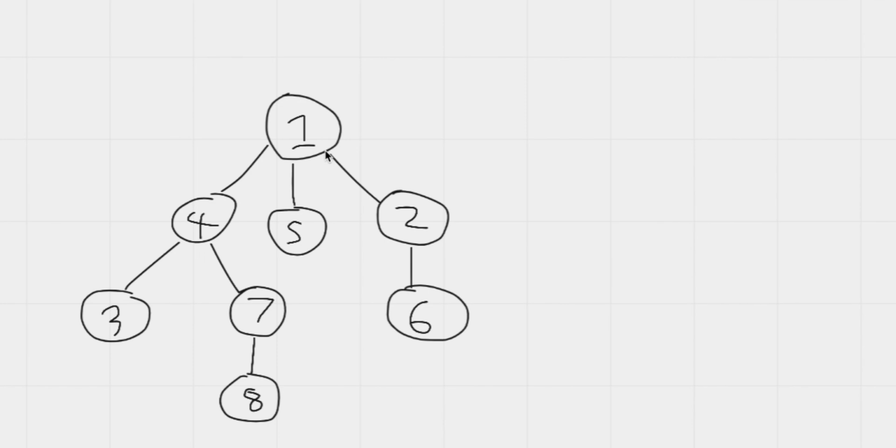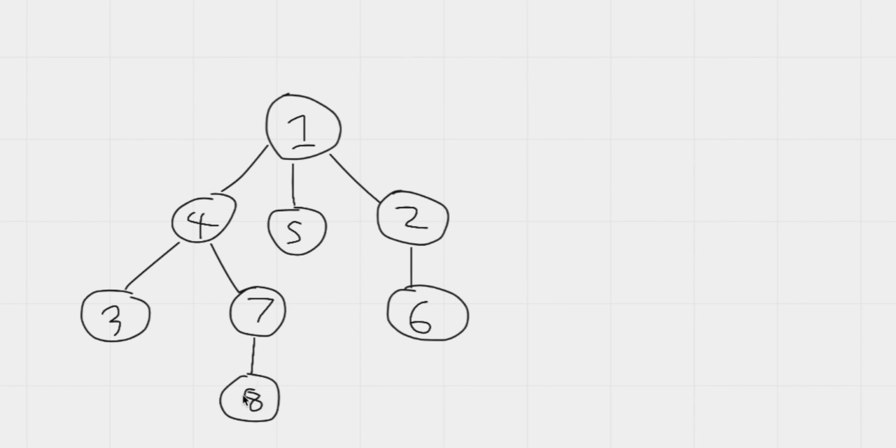One of the algorithms that involves calculating ancestors is the nth ancestor problem. So the problem is, how would we find, say, the third ancestor or the second ancestor of 8? By the second ancestor, I mean the ancestor of the ancestor.